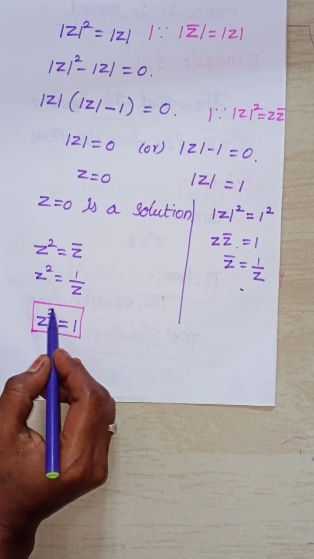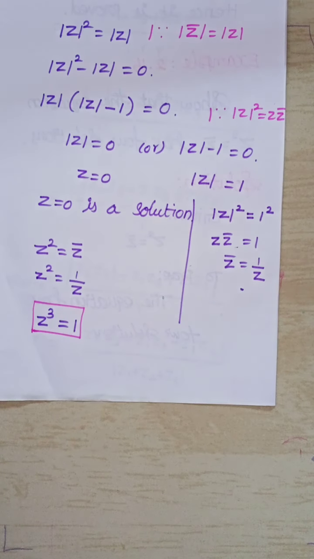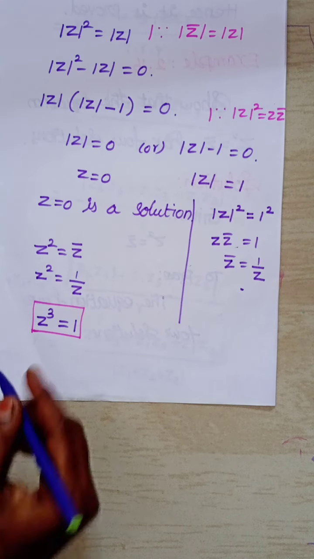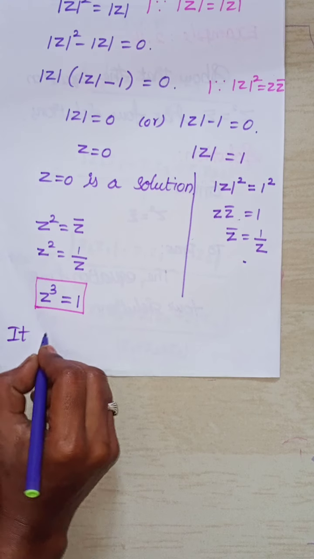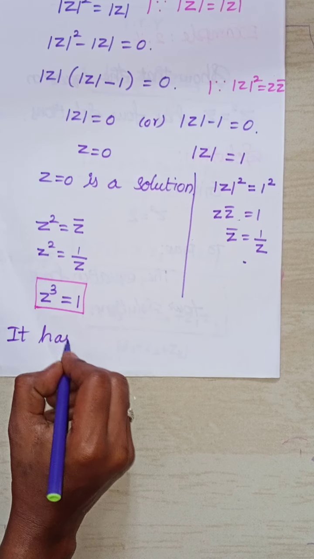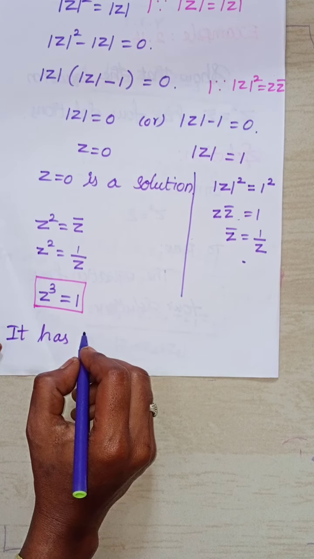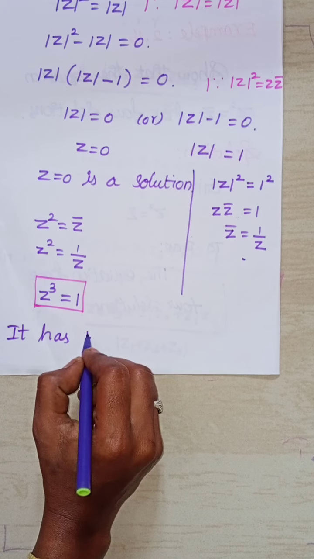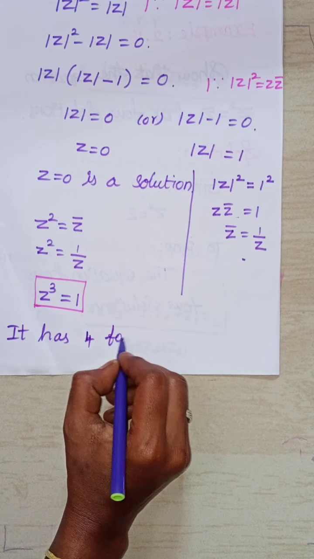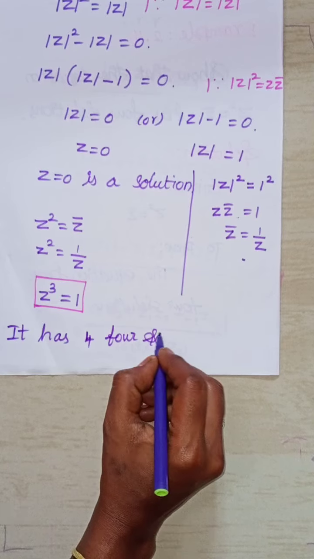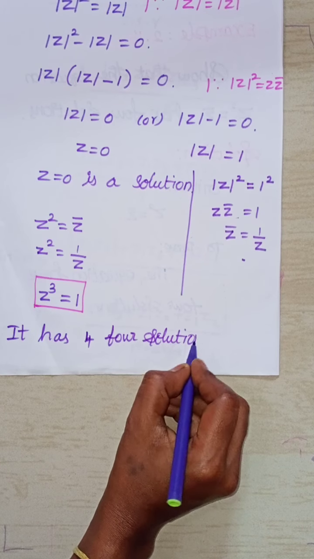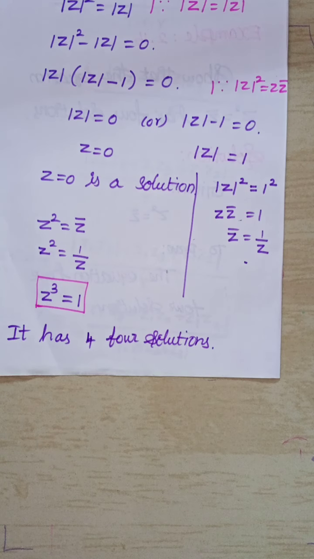So we have here 3 solutions. Already 0 is a solution. So finally we say the equation has 4 solutions.